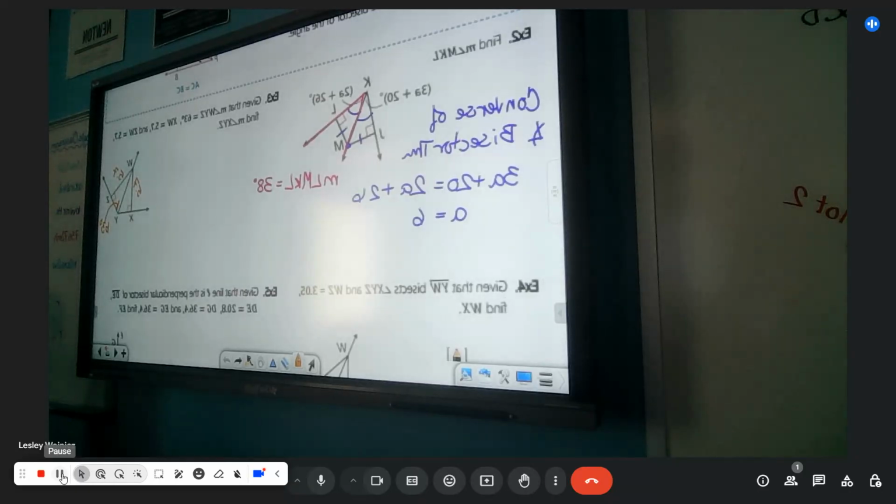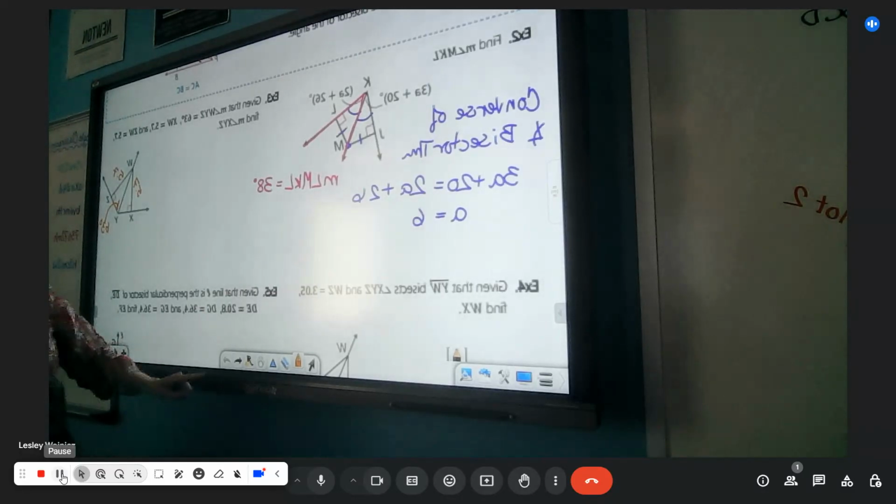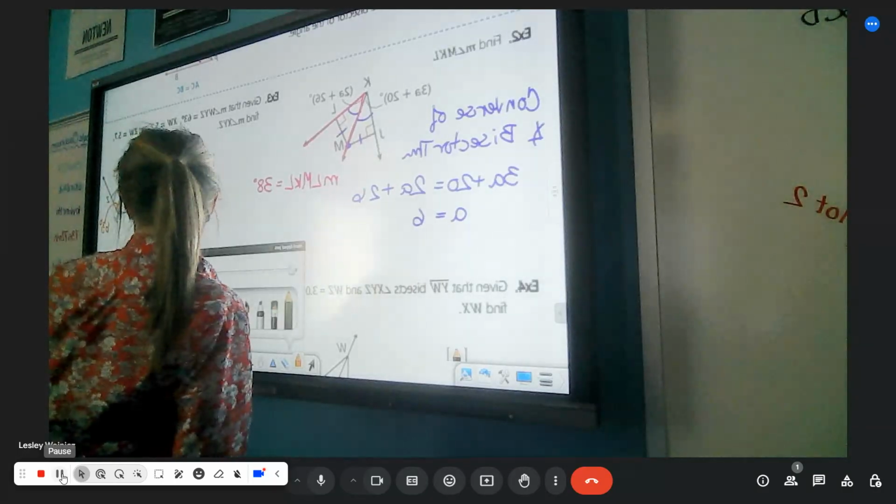This is what you were asking about, Danny. If these two are congruent, what do I know about the rest? Okay, the angles are congruent, and what else?